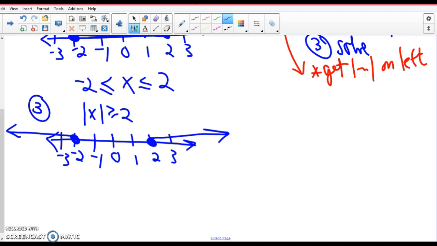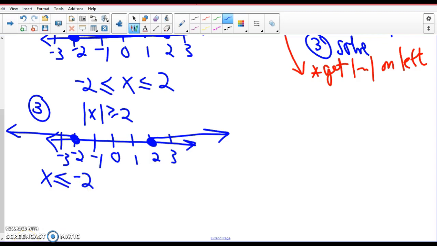What is that graph? When it goes out, it is an OR statement. Now this is what freaks kids out. You need to rewrite it so it means this. So on this side, x is less than or equal to negative 2 because it's going to go out.